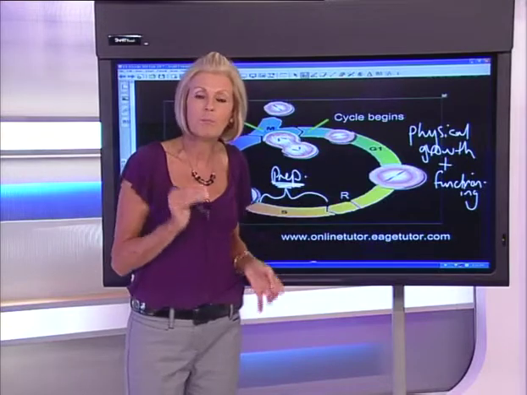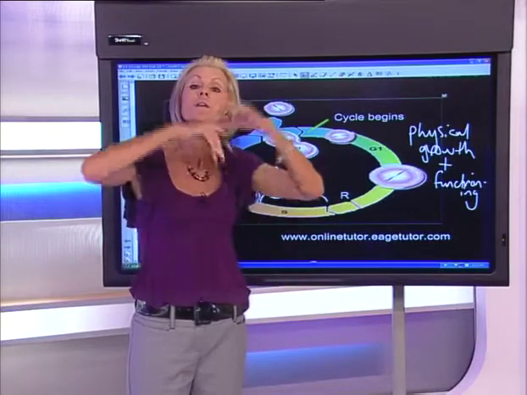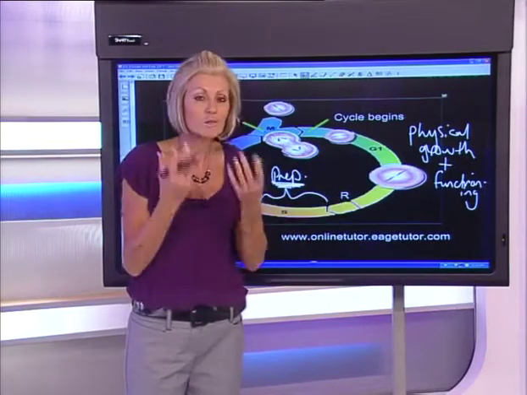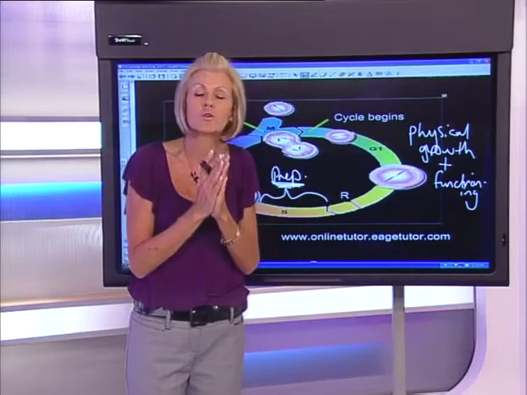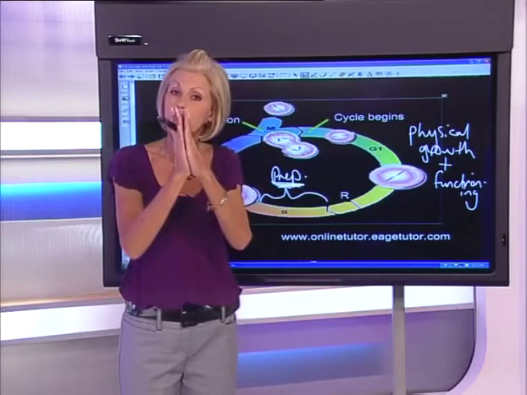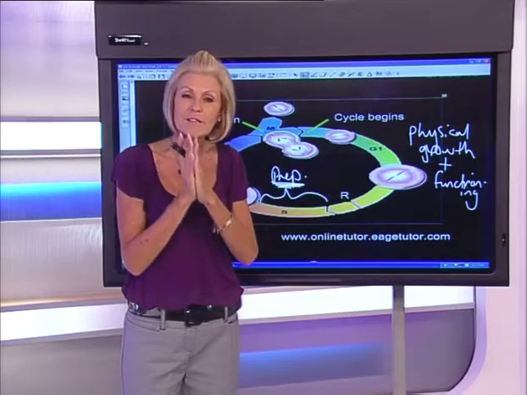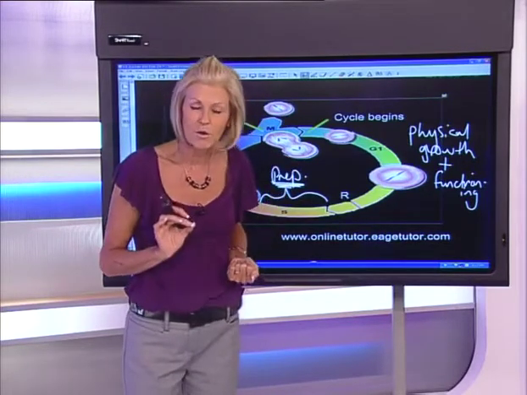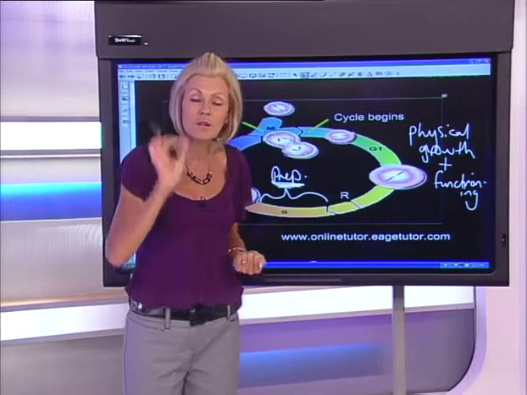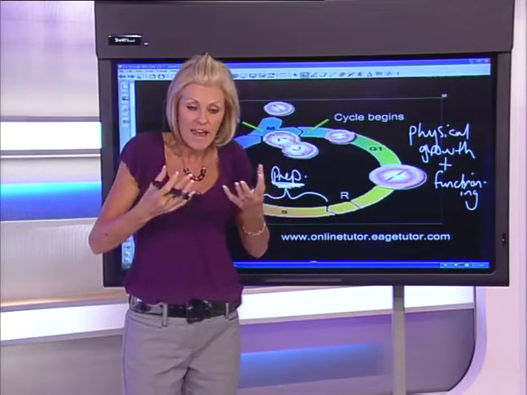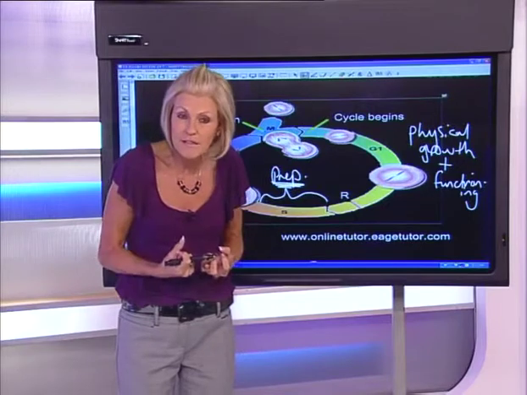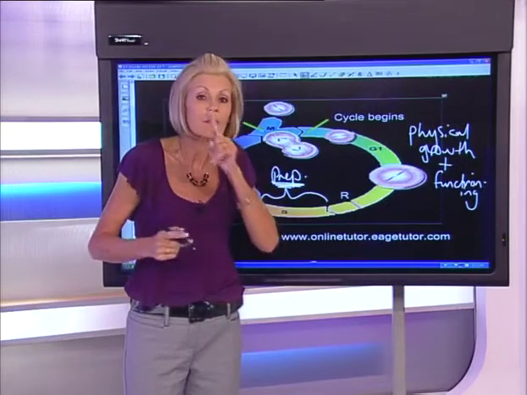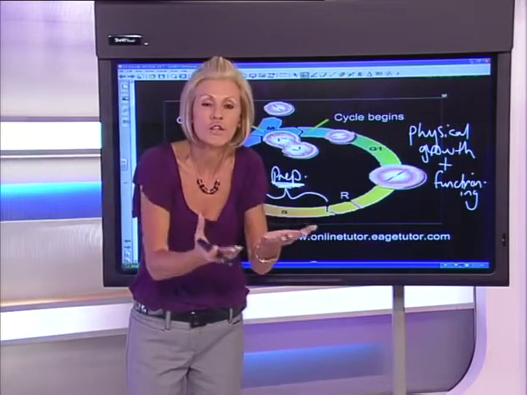But the biggest, most important part of the cell is the nucleus, because you've learned that the nucleus controls all cell functions. You also learned that the nucleus controls cell division. And you also have learned that it's because of the nucleus that the hereditary characteristics in the chromosomes, in the nucleus, are passed on to the next cell.